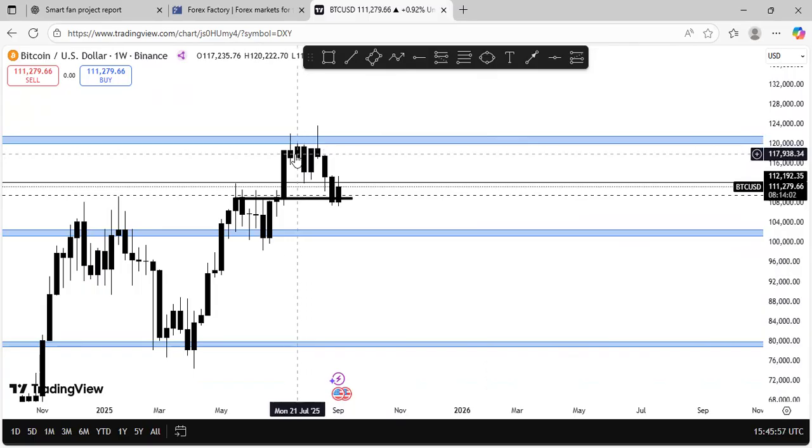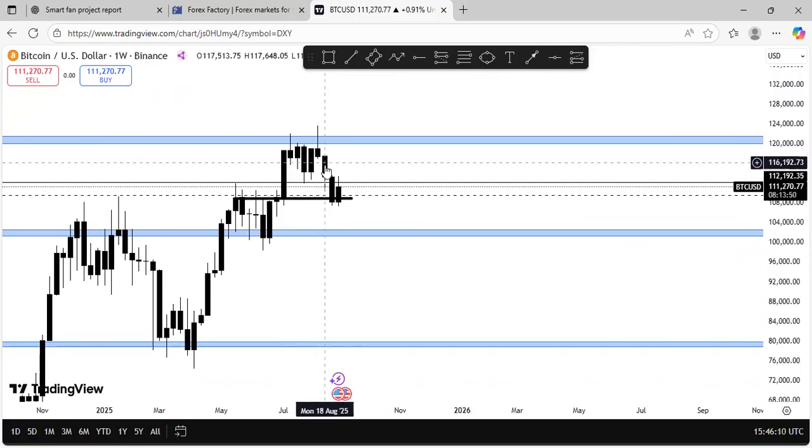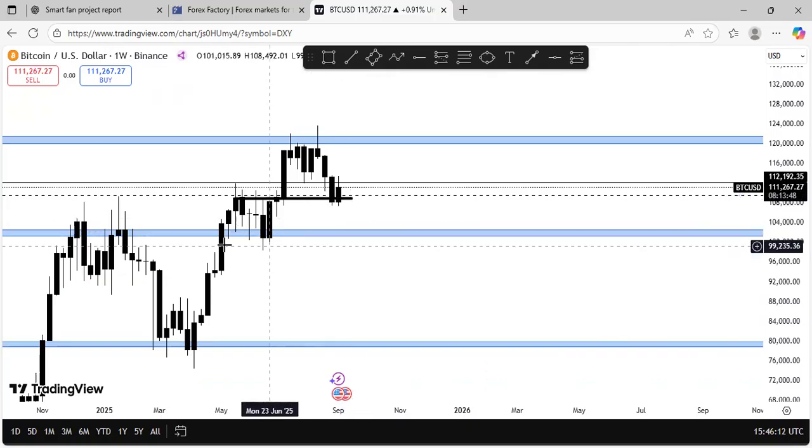For about 6 weekly candles, BTC failed to give us new highs. Then it came over for a retracement into this level here, what some of you call liquidity.